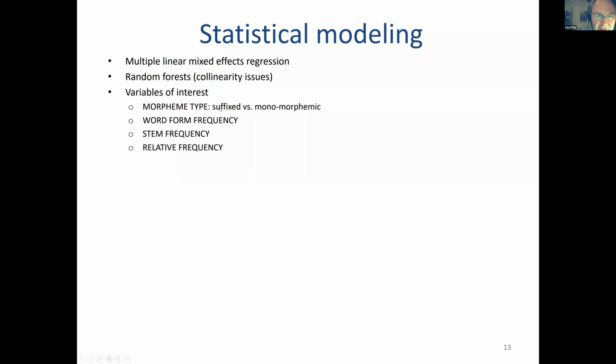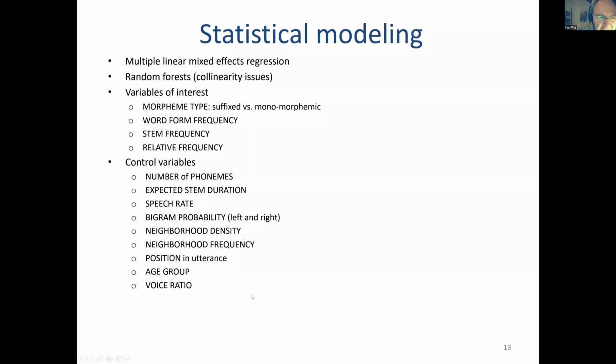So whether the word was suffixed or monomorphemic, then the word form frequency for some questions plays a role, the stem frequency and the relative frequency. And we had a number of control variables that we basically took from previous studies, from other people, from suggestions we got at conferences. I don't want to go into the details. It's a whole range of the usual suspects that influence phonetic implementation.